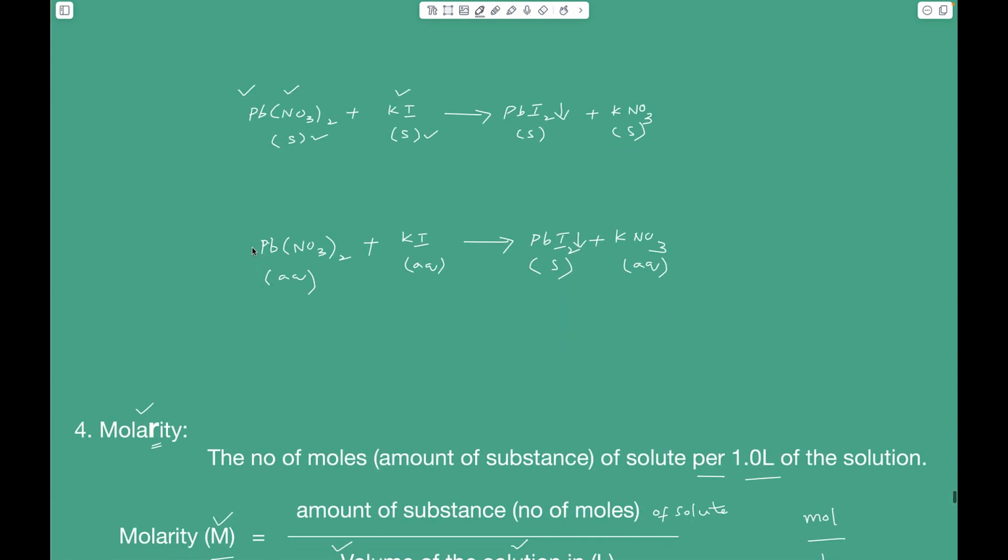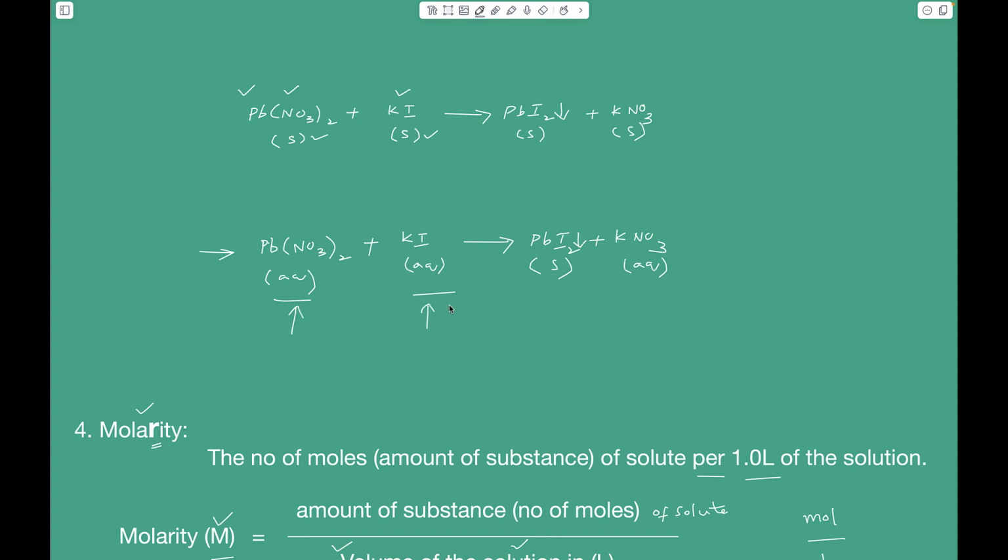But here I am not carrying out the reaction between the solids. I am carrying out the reaction between their aqueous solutions. See, whether you carry out the reaction in aqueous solution or between the solids directly, for stoichiometric calculations, you always need the number of moles. But how do we figure out the number of moles of lead nitrate present in the aqueous solution I have taken?